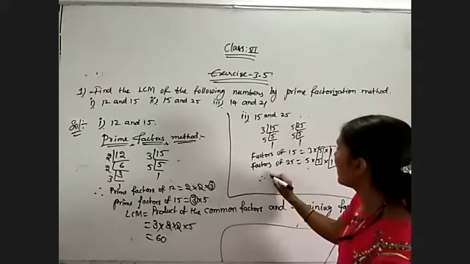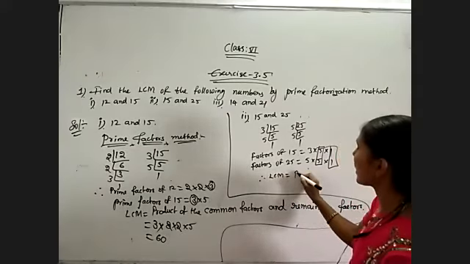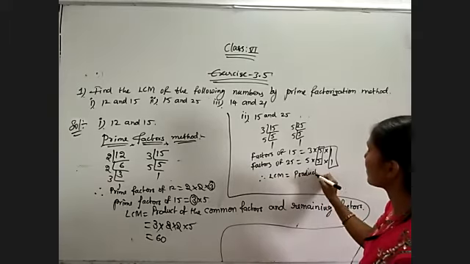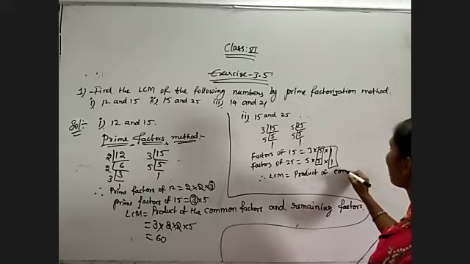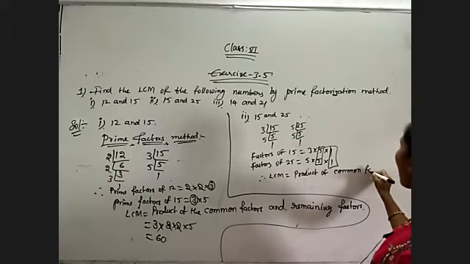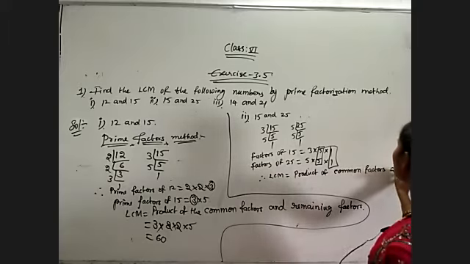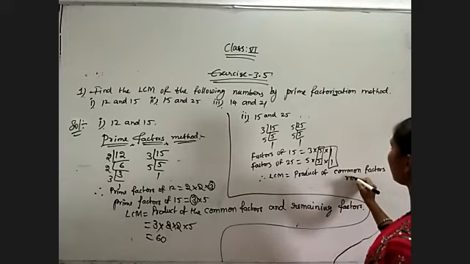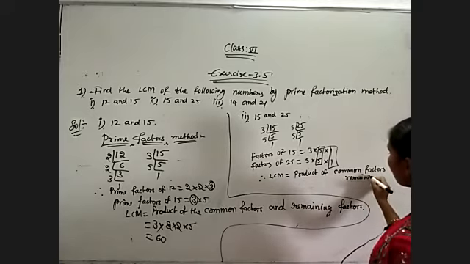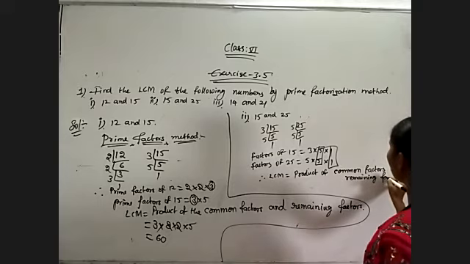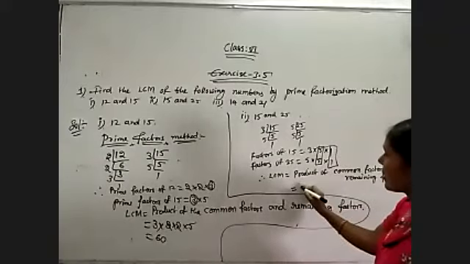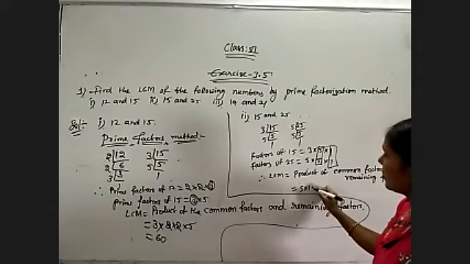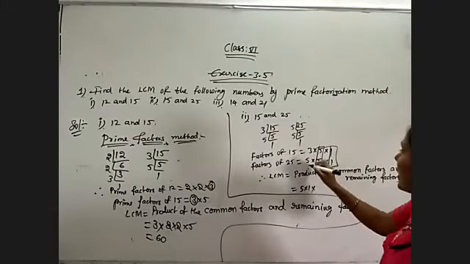Therefore, LCM is equal to product of common factors and remaining factors. This formula you compulsorily need to mention. So product of common factors: common factors are 5 and 1. 5 into 1 into remaining factors.